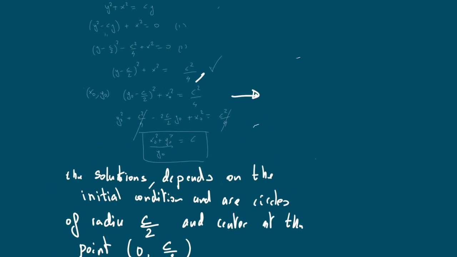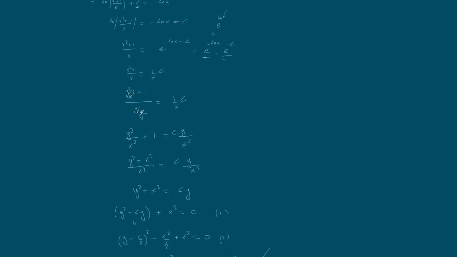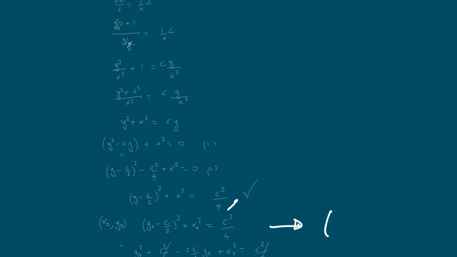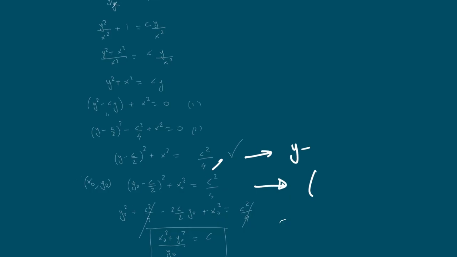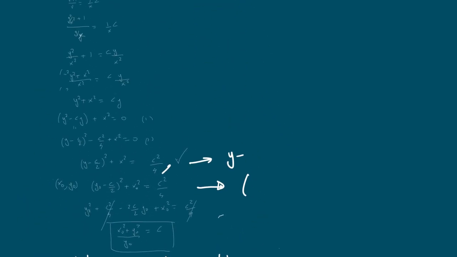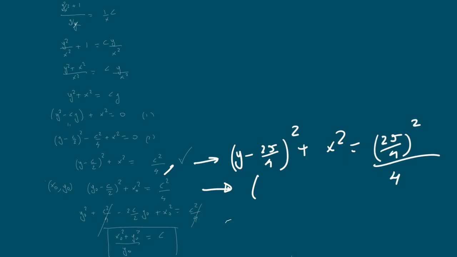The solution for this initial point will be y minus 25 divided by 4, squared, plus x squared equals 25 divided by 4, squared, divided by 4.